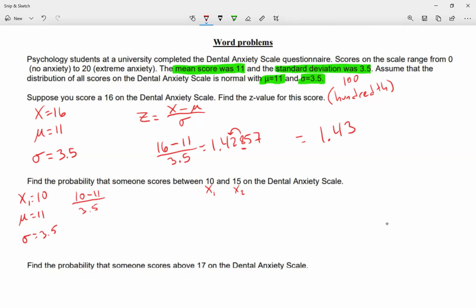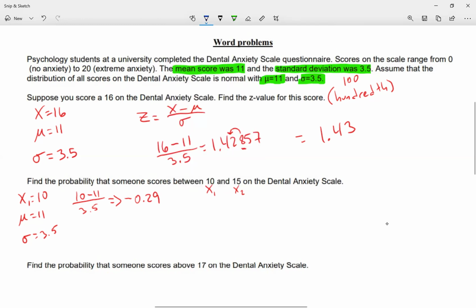According to my calculator, I'm going to round this to 2 decimal places. I get negative 0.29. Okay. For right now, I just found my z-score, and I found it negative 0.29. Again, let me round it to 2 decimal places.